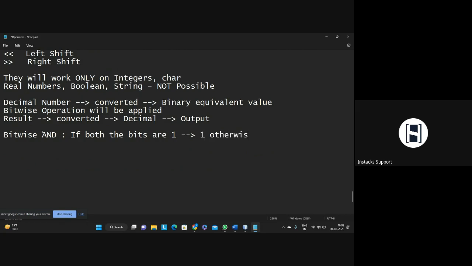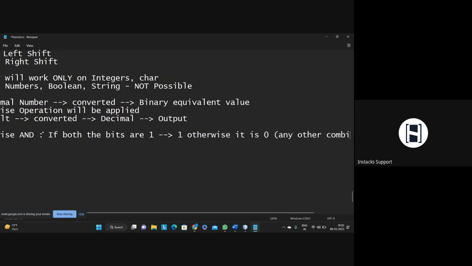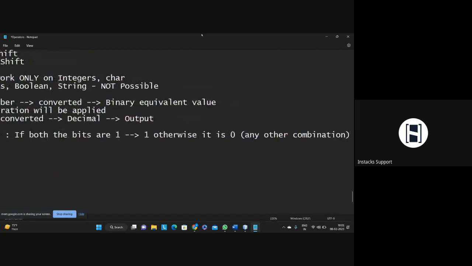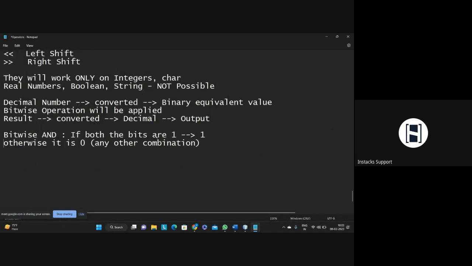Otherwise, it is 0. That is, any other combination is going to be 0.